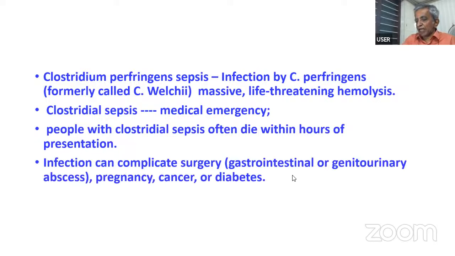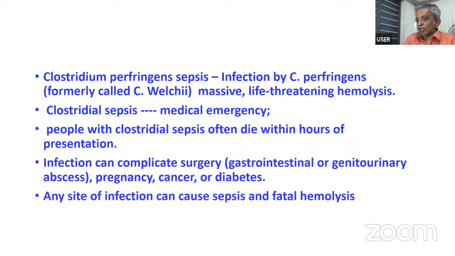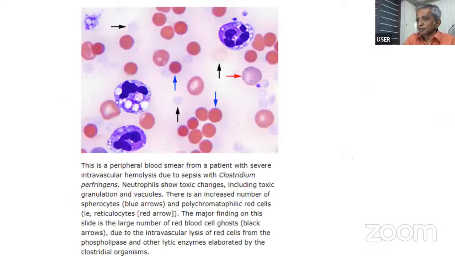Infection can occur in any immunocompromised source following gastrointestinal surgery, genitourinary abscess surgery, pregnancy sometimes, cancer because they are immunocompromised, and diabetes. This will produce febrile hemolytic syndrome. Any site of infection can cause sepsis and fatal hemolysis. Fever, jaundice, intravascular hemolysis will be the triad for Clostridium welchii infection.